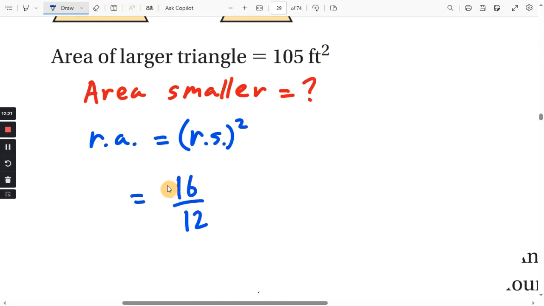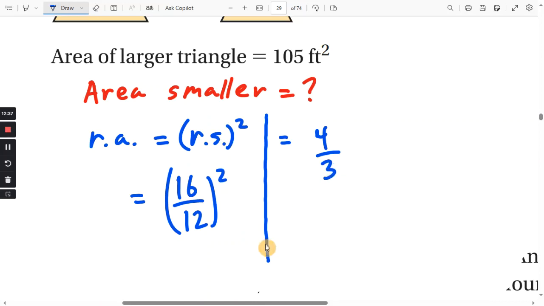And that gets squared. Once again, before you square it, you want to reduce. These are both divisible by 4. 16 divided by 4 is 4. 12 divided by 4 is 3.